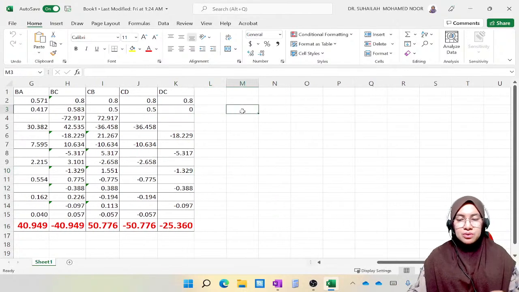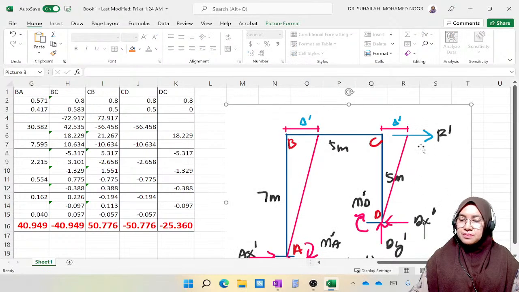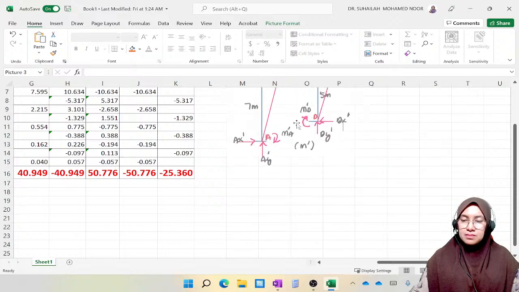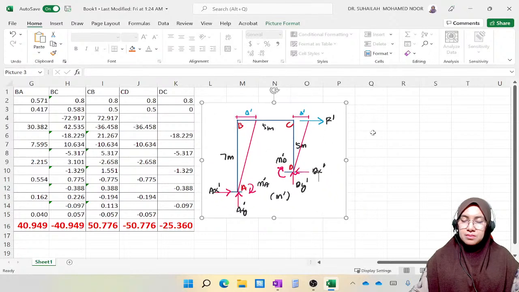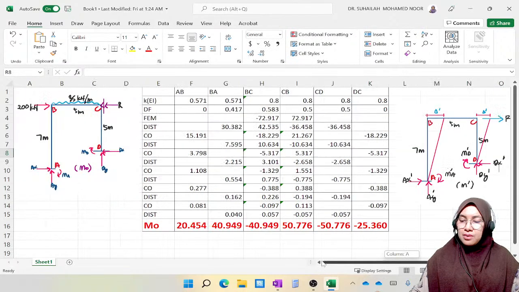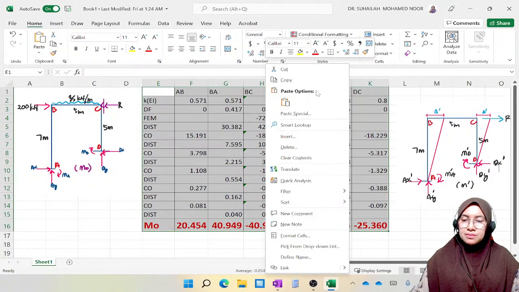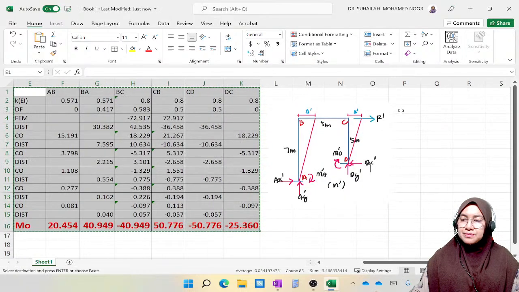Okay, we move to table 2. So we put this diagram first. This is the diagram, and then I want to copy the table and put it here.